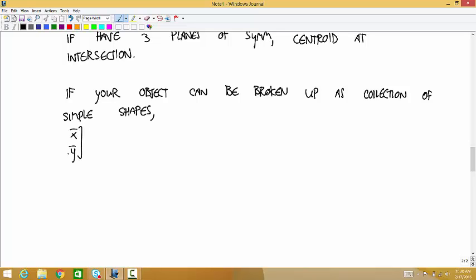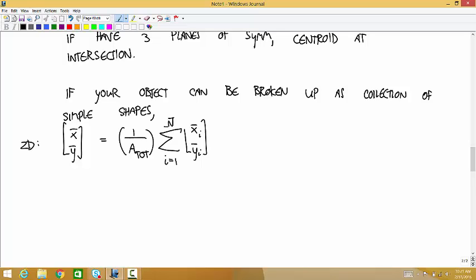It's basically just a finite version of that integral definition. In 2D, the xy centroid is equal to 1 over the total area times the sum, say that you have n of these bodies, of the centroid of the ith body times, that shouldn't be dA, that should be times the finite area of the ith body.